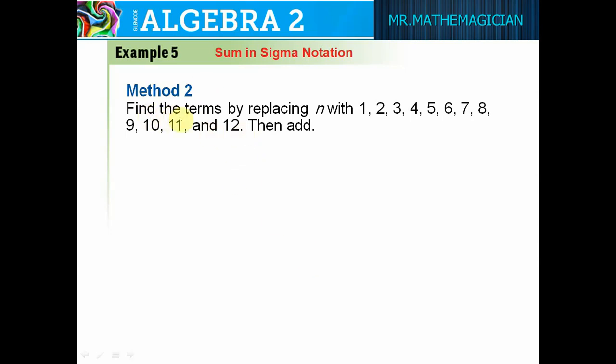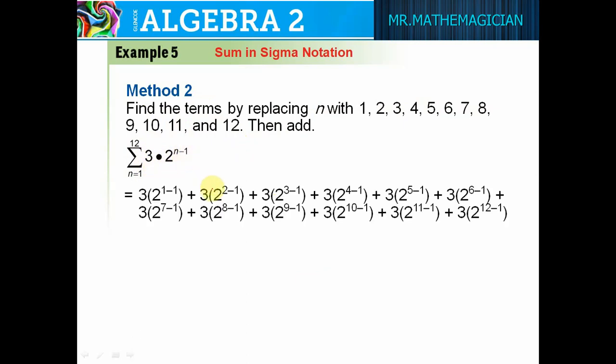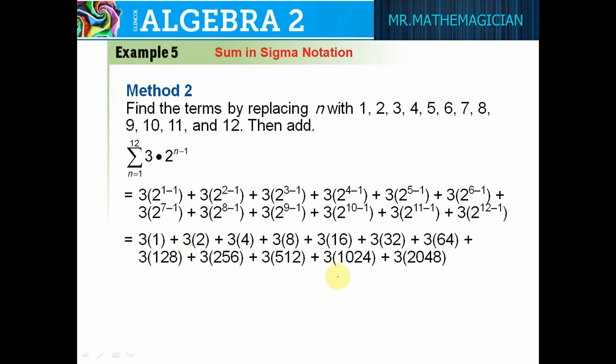Now method 2. Find the terms by replacing n with 1, 2, 3, 4, 5, 6, 7, 8, 9, 10, 11 and 12. But this is a long method to follow. For the sum from n equals 1 up to 12 of 3 times 2 to the n minus 1, we substitute first by 1, then by 2, by 3, by 4, copy-pasting and changing just the n to find the 12 terms.